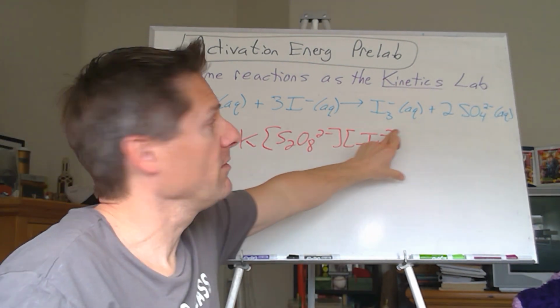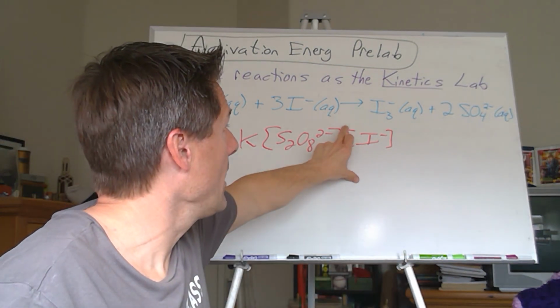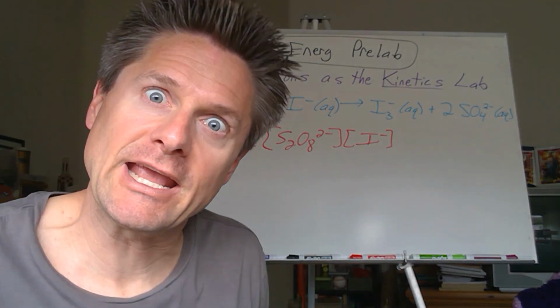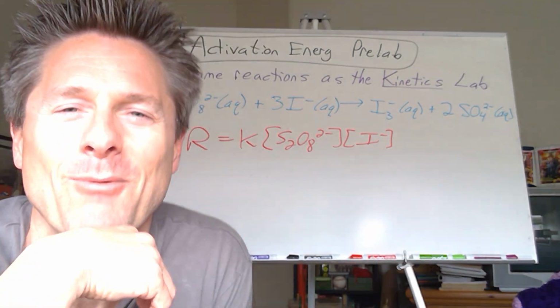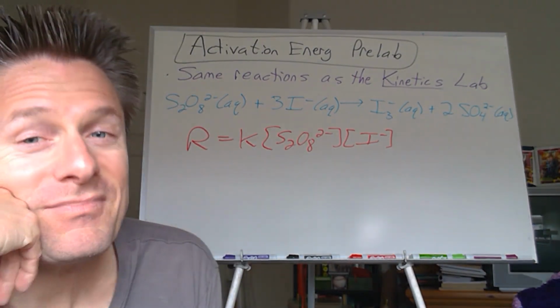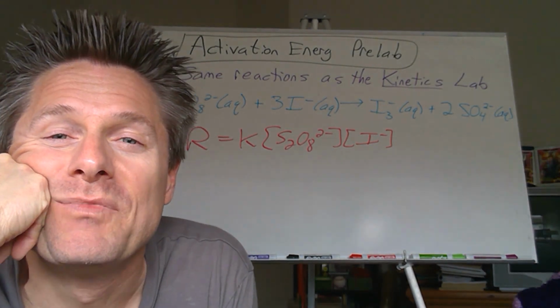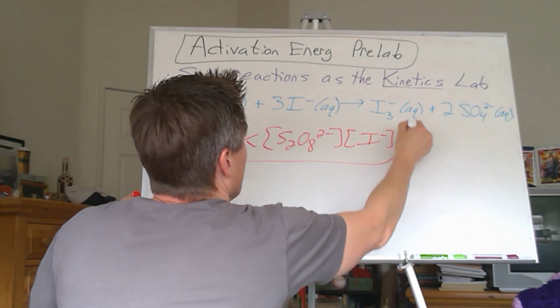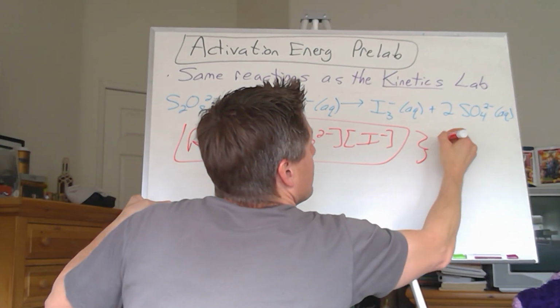And those were both values of 1. So a was 1 and b was 1 for that scenario. Oh, I just gave you the answer for that at kinetics lab. Anyway, not too tough. They're usually going to be 0, 1, or 2 anyway. So if this is our rate law, let me put a box around that. That's our rate law.